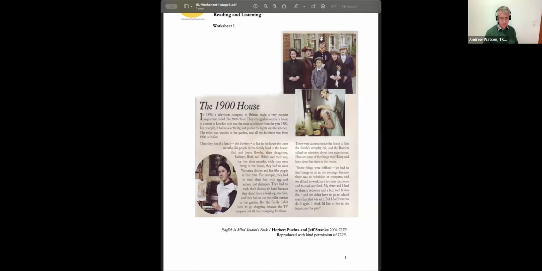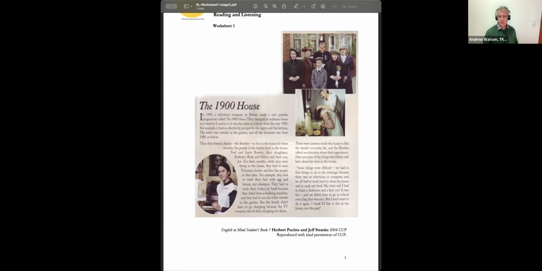For the while reading, it would be to underline things that creep them out, or stand up, like washing your hair with egg and lemon, and discuss with everybody what was different. And for the after reading, we thought about role play and dressing up like these little pictures over here and playing as if we lived back in those days.